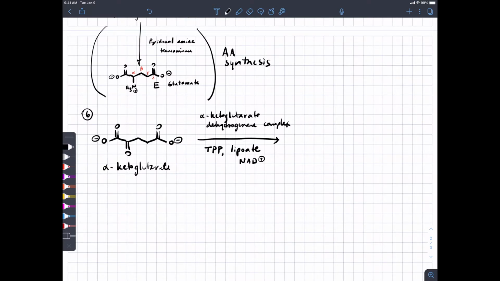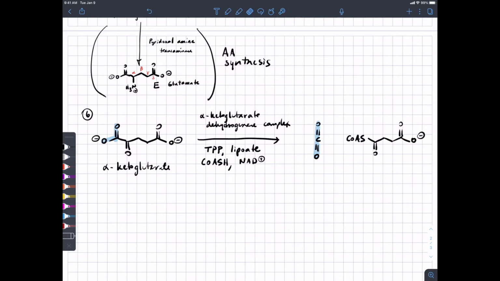I'll refer you to the conversion of pyruvate to acetyl-CoA to see how this happens. It involves decarboxylation, removal of this carboxylate group as CO2, and then what's left behind is a thioester, just as we did before in the conversion of pyruvate to acetyl-CoA.